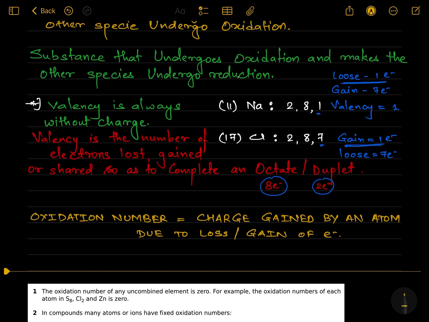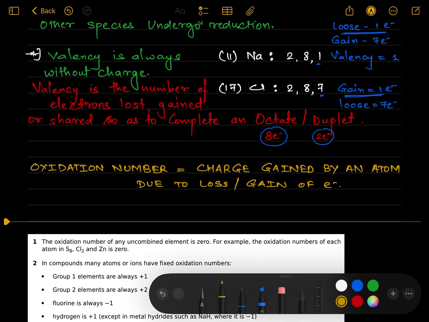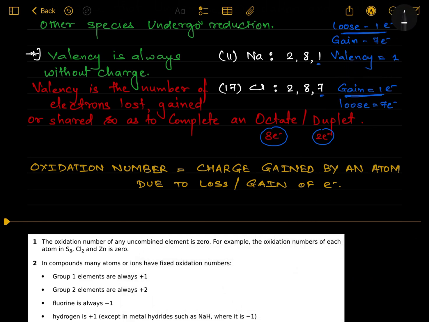Now, talking about oxidation number, we need to understand that there are certain rules related to valency, or to the distribution of electrons. Similarly, there are also some rules laid down for finding oxidation numbers.